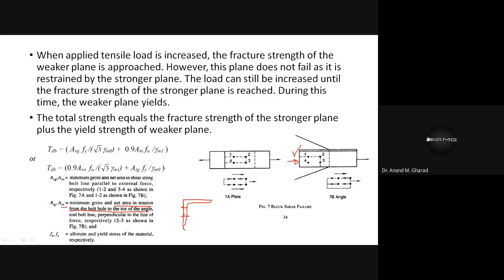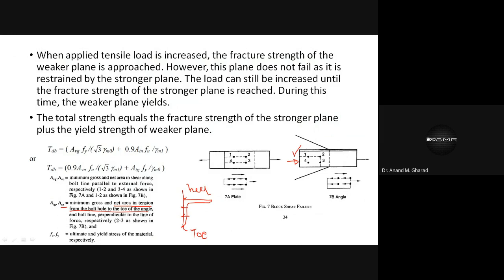So this portion is known as the toe of an angle, and this portion is heel. Am I right? This will be heel.